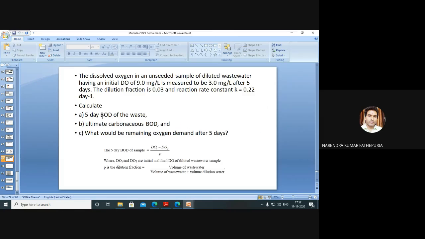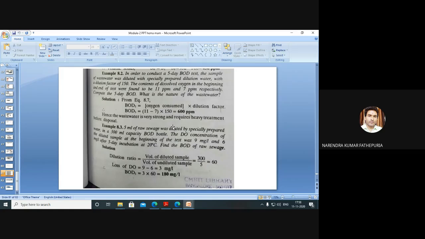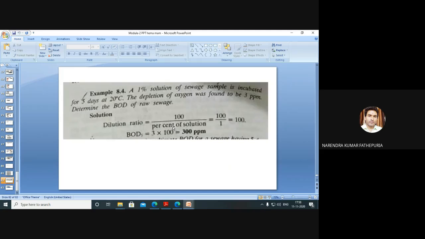Here the same way you can solve this equation. So all the three parts A, B, C you can get. Very simple examples like these questions will be coming from BOD. On characteristics they keep asking questions.